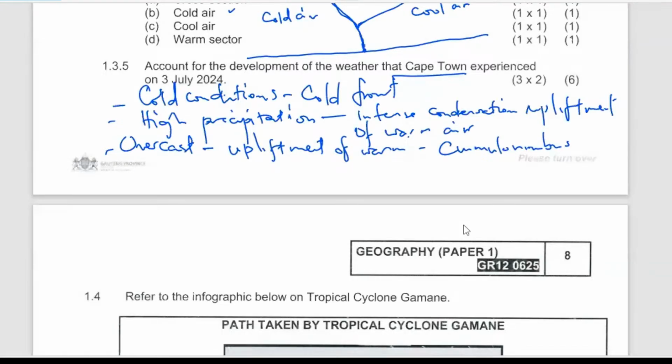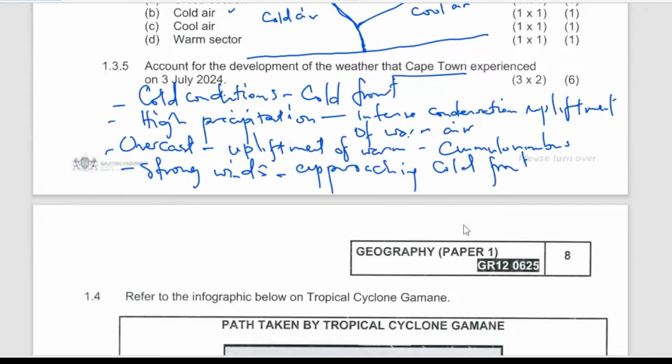And also, we can talk of strong winds likely to be experienced. The strong winds are caused by the approaching cold front. It's going to cause strong winds around Cape Town.